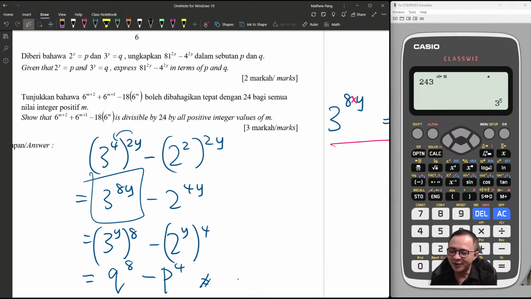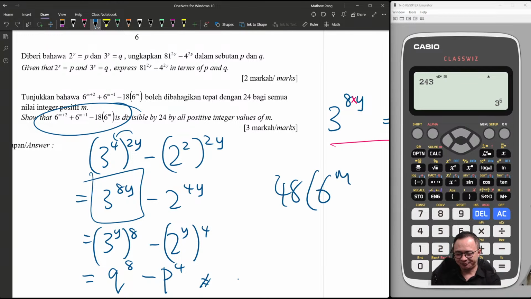Okay, never mind. Show that 6 power of m plus 2, and 6 power of m plus 1, minus 18 times 6 power of m, is divisible by 24. Divisible by 24 means what? After I simplify, I must get something like 24 multiplied by 6 power of m. Or eventually maybe I get something like 48 times 6 power of m, because I know 48 can divide by 24.